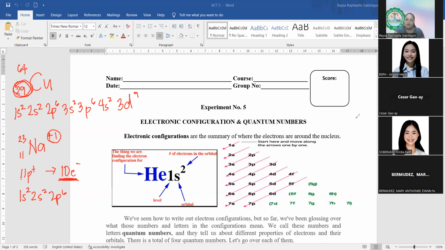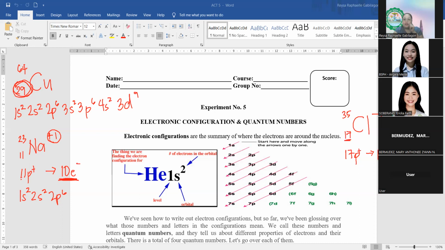That is true also if merong negative charge. For example, chlorine. Chlorine is 1735. So 17 na protons, pero may charge siya na negative 1. So mas marami yung kanyang electron ng isa. So that means yung kanyang electron ay 18 lahat. So ito yung gagamitin mo to make the electron configuration.